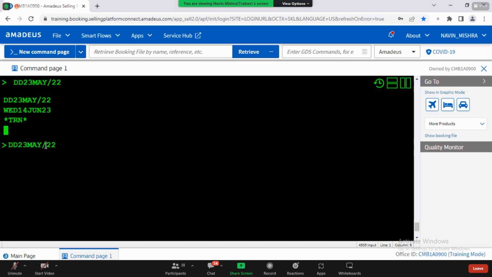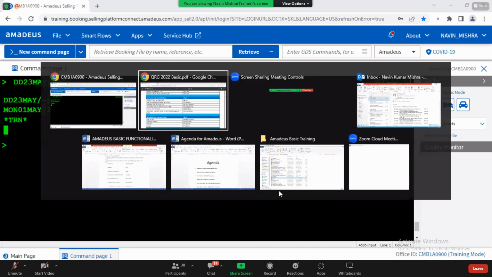How would you reduce that? Put a minus sign and enter. So it will tell you that 1st of May is earlier than the 23rd of May. So this will help you reduce, add, and get the exact day. All right. Is there any confusion related to the DD command?